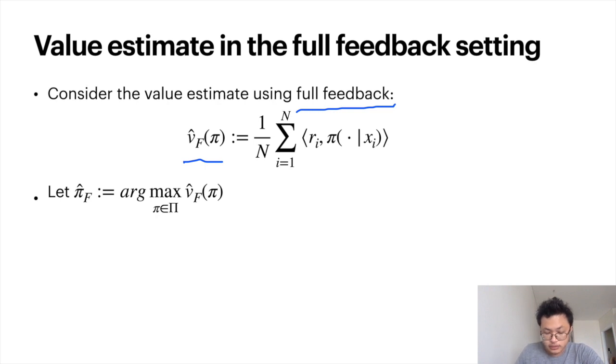Full feedback is right here: you take the entire reward vector and weight it by the policy, then sum up over all the samples, and then you take the greedy policy of the full feedback value estimate.